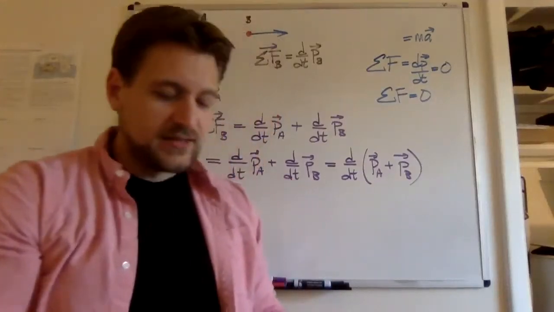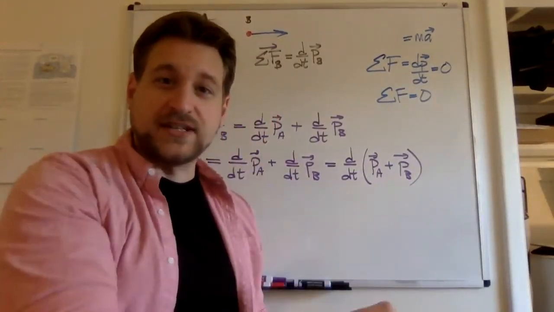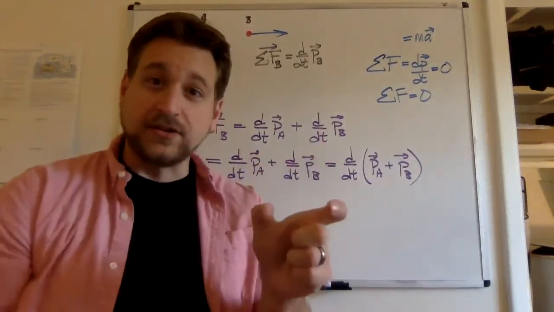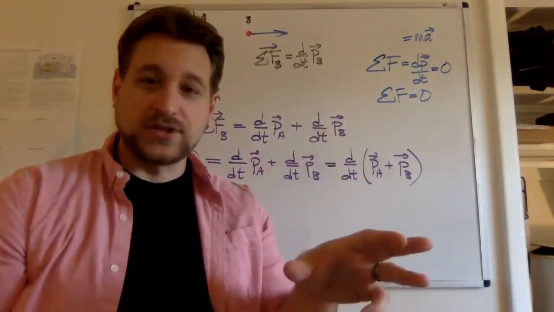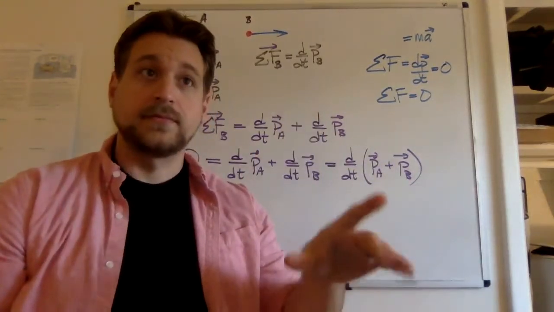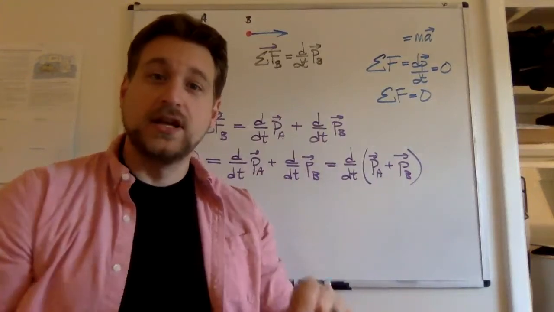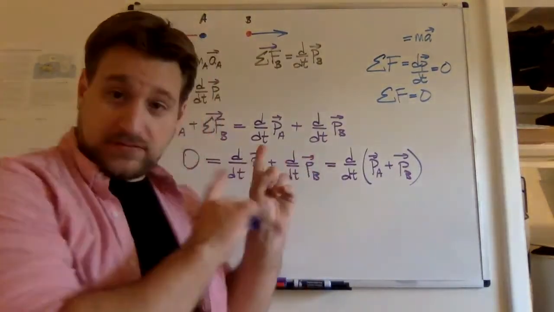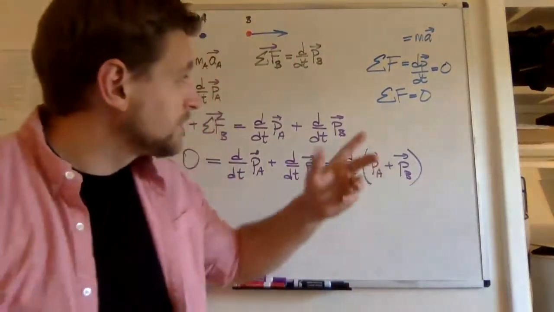In other words, the sum of the external forces acting on that object. Remember the word external in Newton's first law? An object in motion, or an object at rest, remains so unless acted on by a net external force. And I think we're about to figure out exactly what external really means.